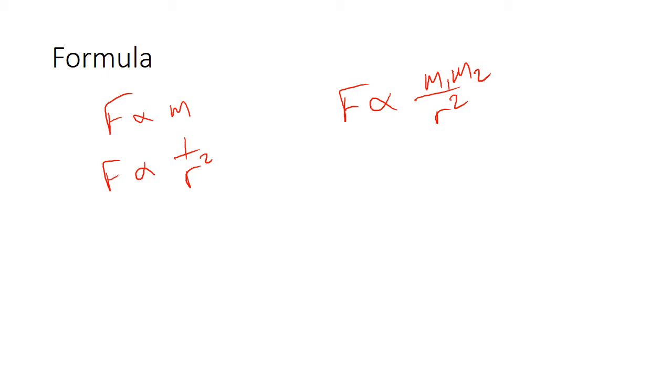Because if you have more mass, then you are going to pull the other thing in just as much, so it's kind of symmetrical. Now, whenever you have things that are proportional like this, that means you can just throw in a constant and you're done. So F is going to equal, this is a hard equal sign now, a constant times m1 m2 over r squared. And this is the formula.